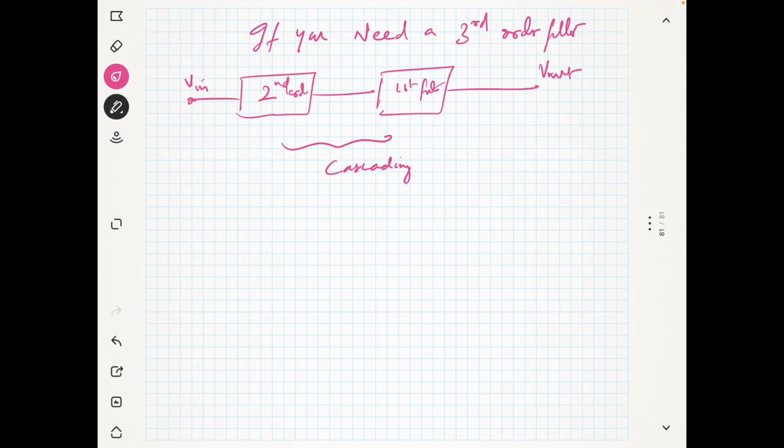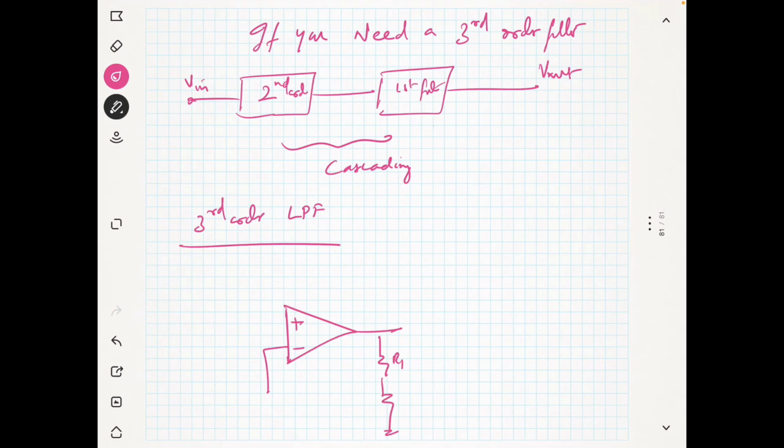So we are just now talking about a third order low pass filter. So we have the filter like this. First you will use plus minus, and you know this is R1 and this is R2, and I connect like this.